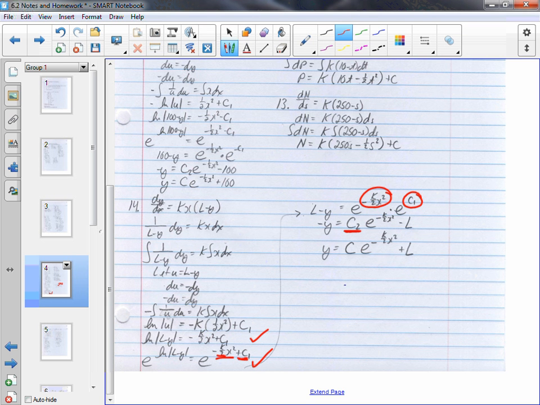Then I've got that negative y, since it was L minus y. Subtract L from both sides, it's still a negative y. Multiply everything by -1. At that point, instead of calling that C3, I'm just calling it C plus L at the end. Does that help for 14?